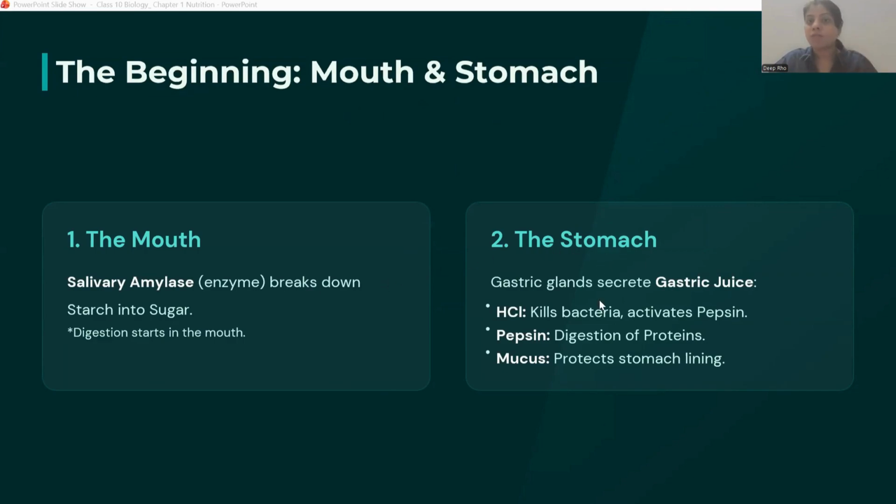Now, the stomach secretes three things. One is hydrochloric acid, which kills bacteria and activates pepsin. Pepsin will work on the protein, digestion of protein. Mucus acts as a protective lining which protects the stomach from the highly acidic HCl.